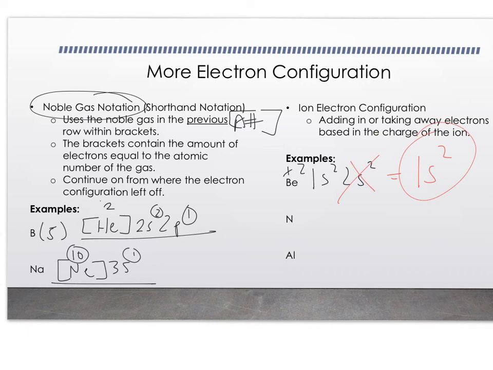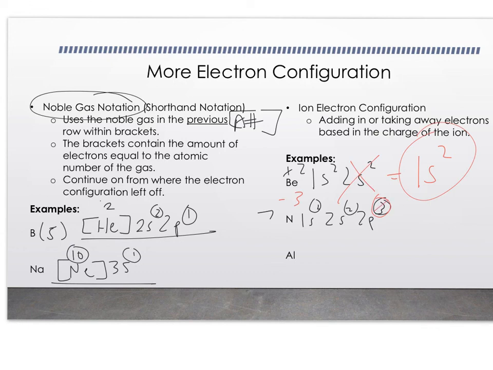Nitrogen is element number 7. So using our electron configuration, I'm going to fill in my 1s2, then my 2s2, and then my 2p3 to get a total of 7 electrons. But nitrogen forms a -3 charge. How do I show adding in 3 electrons? You add them into the valence shell.